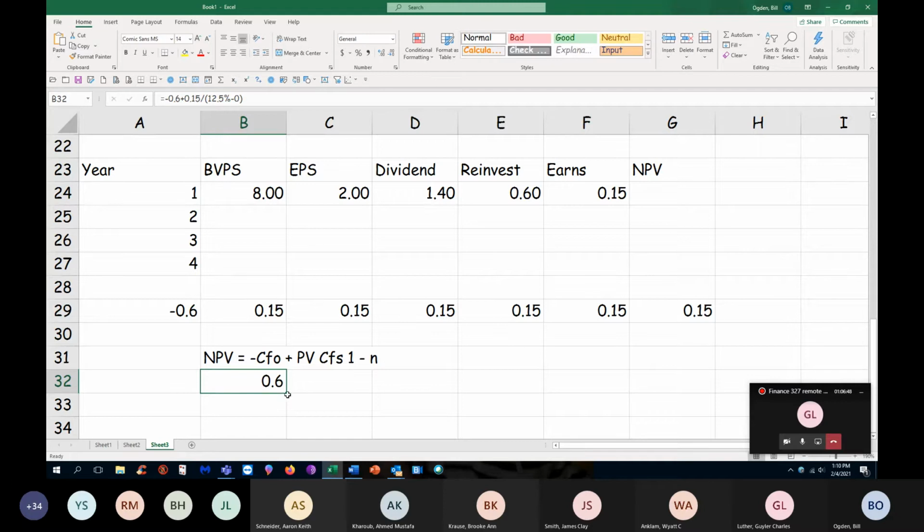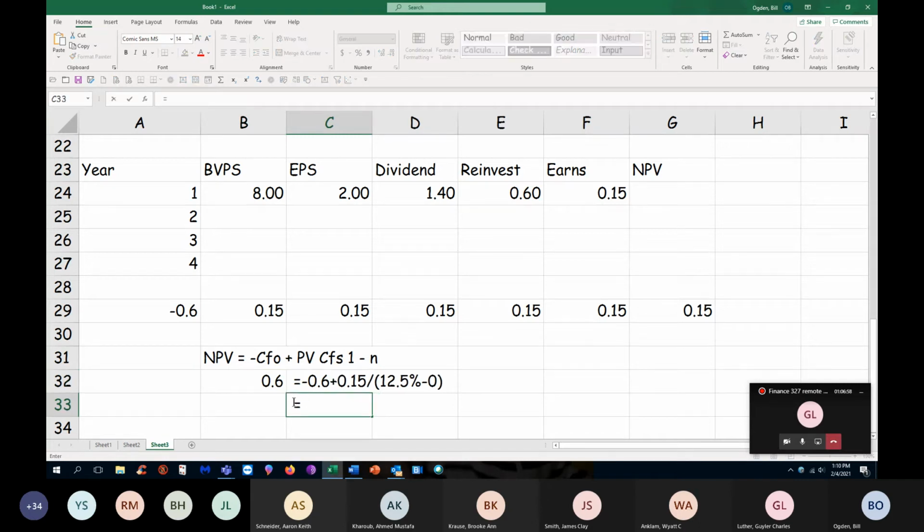All right, let me expand on this just a little bit. Okay, now this also equals minus 0.60. Okay, that's your initial investment plus 0.60. Okay, what does it earn?